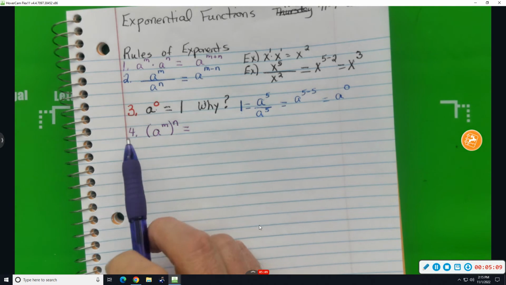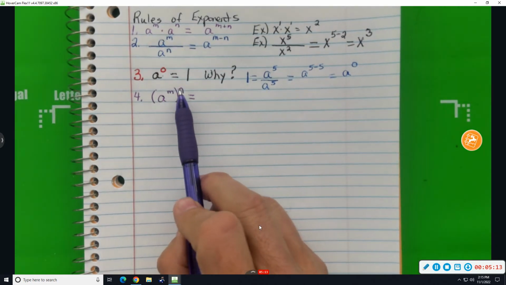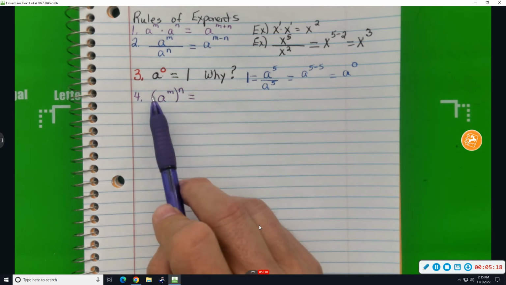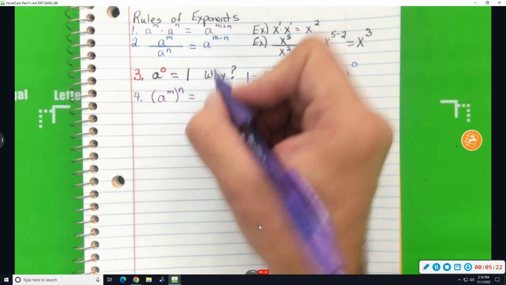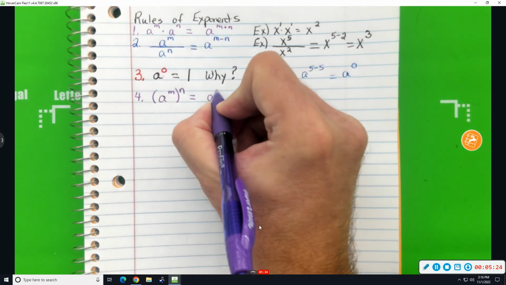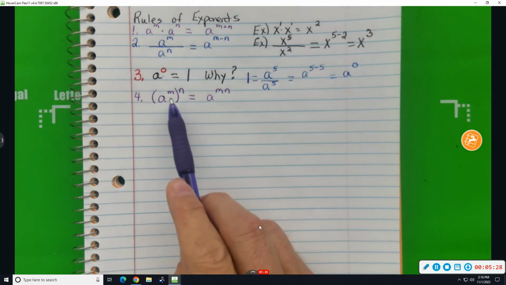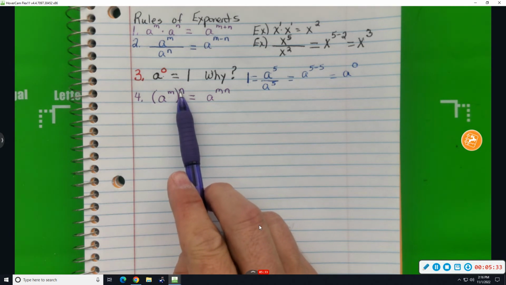The fourth one tells us how to raise one power to another, or in other words, how to get rid of parentheses. Generally in algebra, when you get rid of parentheses, you multiply, and that's true here. To get rid of these parentheses to raise one power to another, you're multiplying.